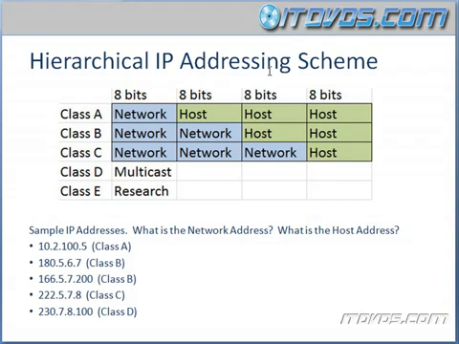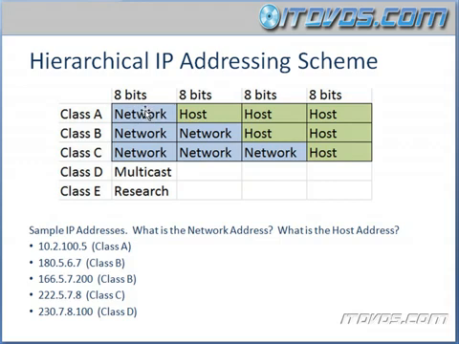As we'll see in a routing table, we can say that any IP address that starts with, let's say, 10.2 should get routed out a certain interface. That's because of this hierarchical addressing scheme. If we didn't have it, we would have to have a routing entry for every single IP address. And here's why. So for our Class A addresses, the first 8 bits are going to be your network.